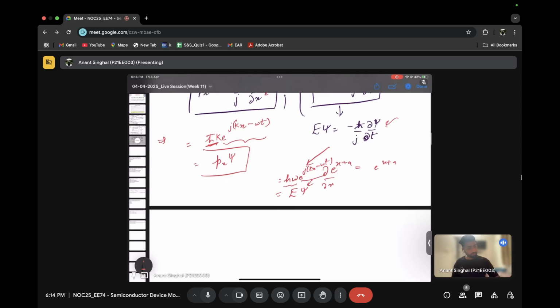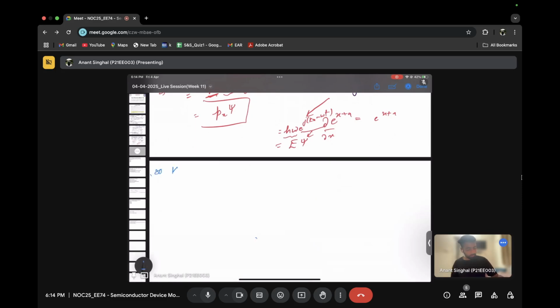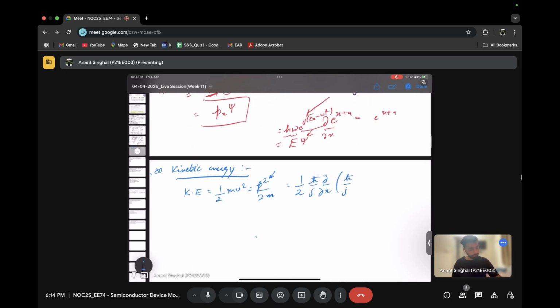Then similarly, we have a kinetic energy operator. Let me tell you what it is, and then we can move forward. The kinetic energy does come from somewhere. We know the general notation is half mv squared, which is also p squared by 2m. For p squared, we take the momentum operator twice: ħ by j d by dx, and again ħ by j d by dx.